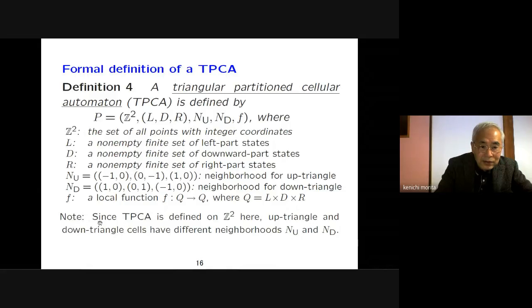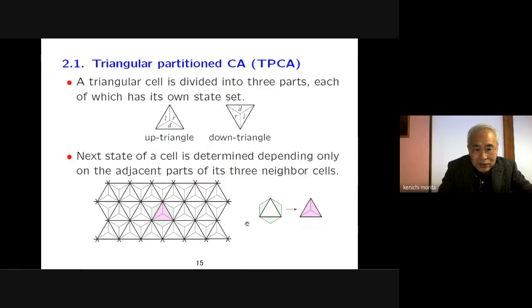Note that since TPCA is defined on Z square here, up triangle and down triangle cells have different neighborhoods, NU and ND. It is, of course, clear from this figure. Up triangle, for example, this is an up triangle.